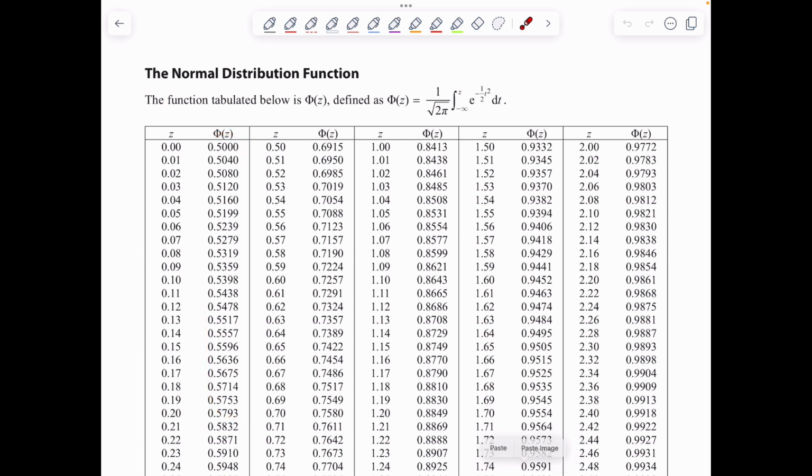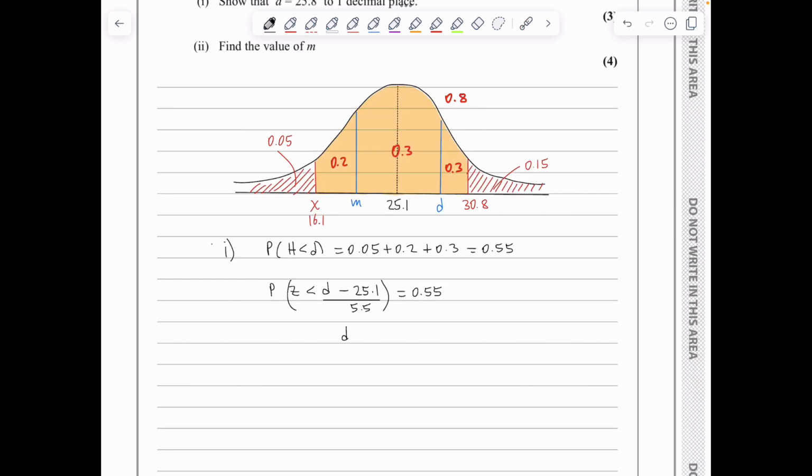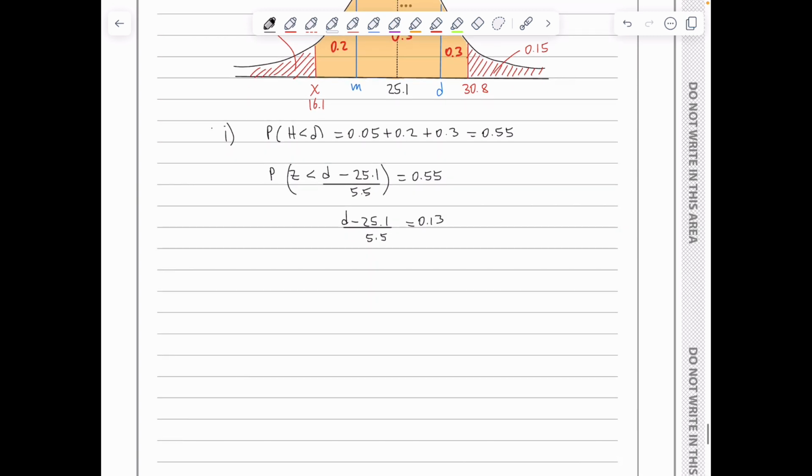We can see that this is 0.13, which means that (D minus 25.1) over 5.5 is equal to 0.13. If I cross multiply, I get D minus 25.1 is equal to 0.715, which means that D is 25.815, which of course rounds to 25.8, correct to three significant figures as required.